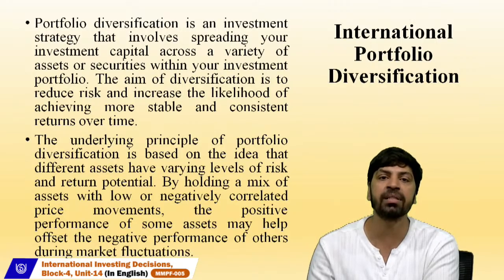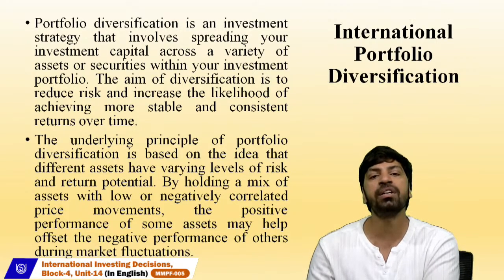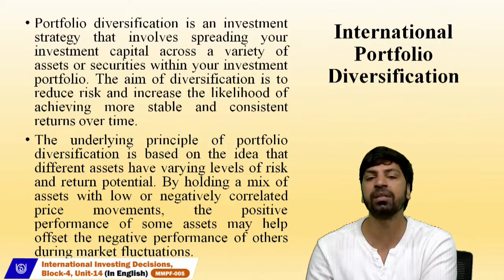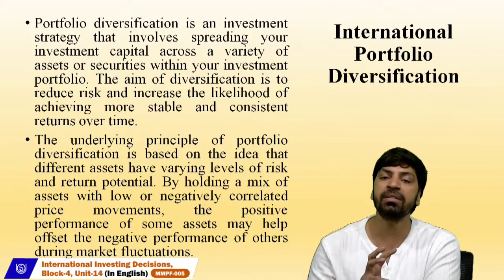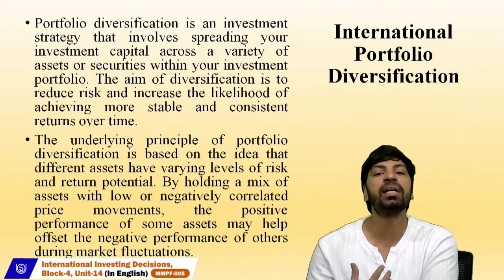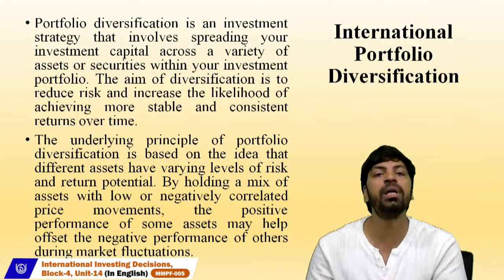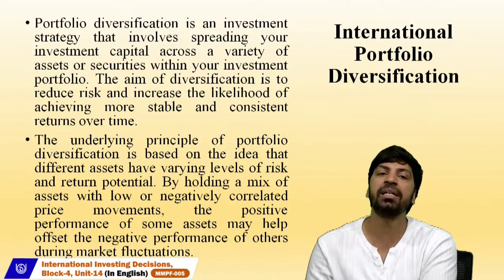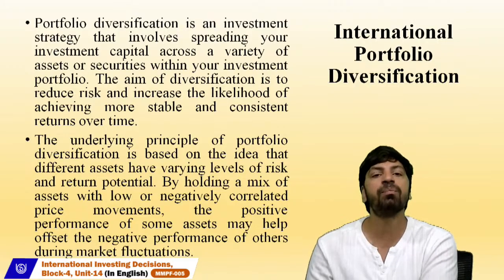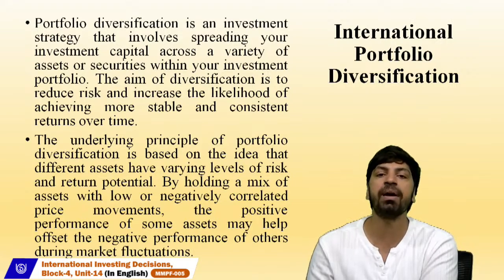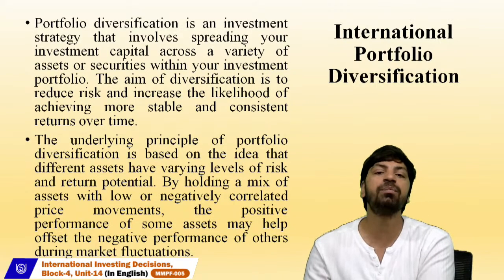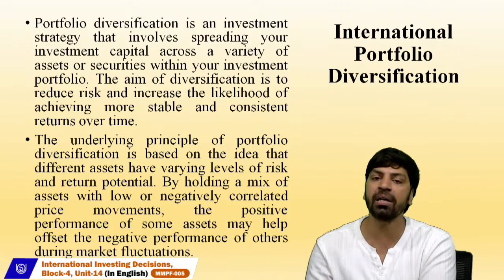have various levels of risk and return potential, but it is very important for the investor to hold a mix of assets with low or negatively correlated price movements. So the positive performance of some assets can help offset the negative performance of others during market fluctuation.